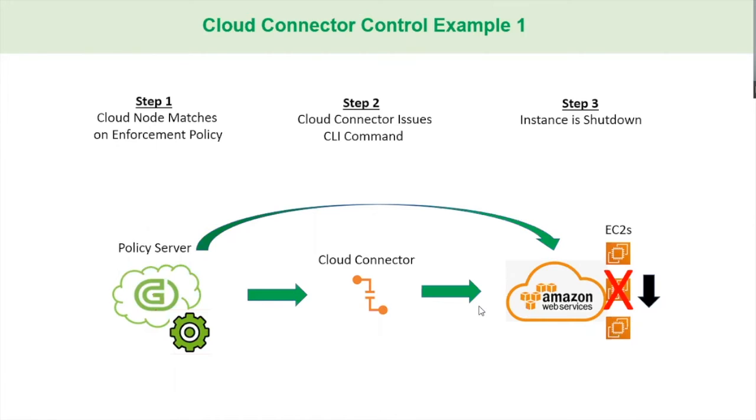You can leverage the familiarity of your existing NAC solution in the UI to configure a policy and enforce it. Once a violation has occurred, an unauthorized EC2, for example, that instance is automatically shut down using the CLI integration between the Genie and ZT NAC and AWS.